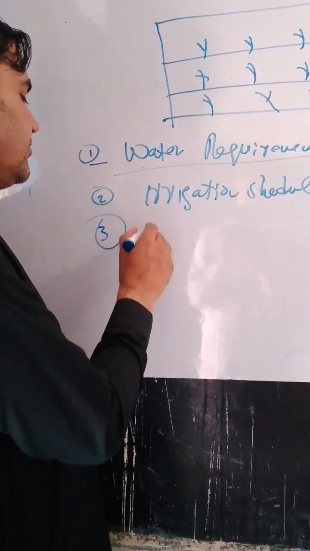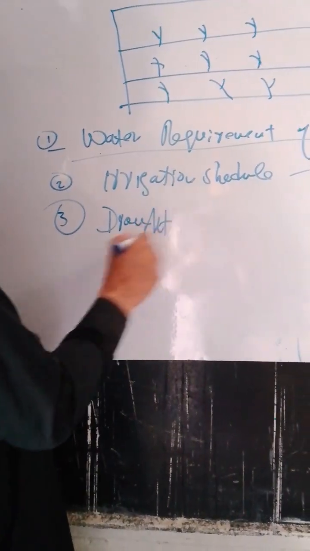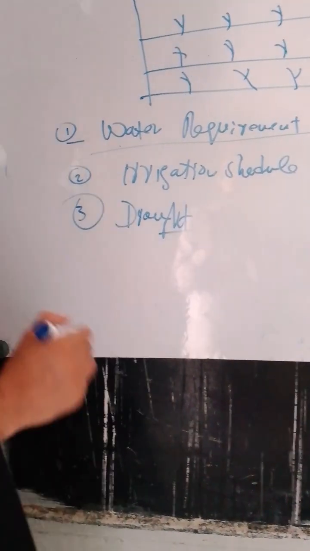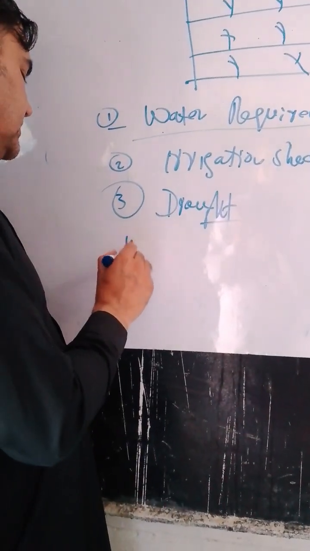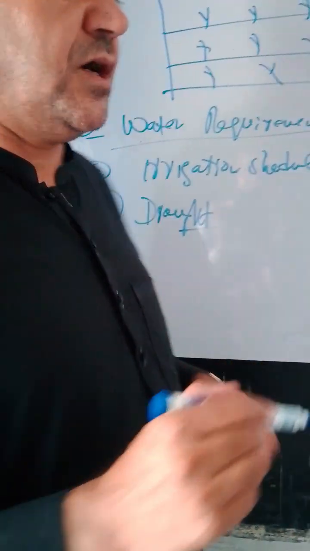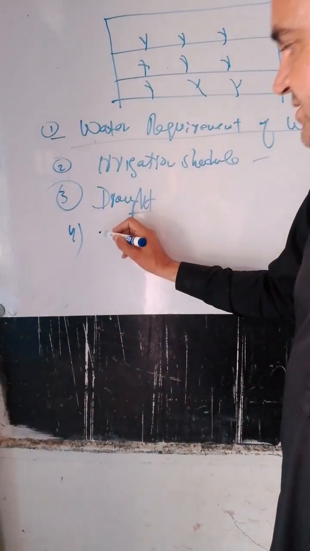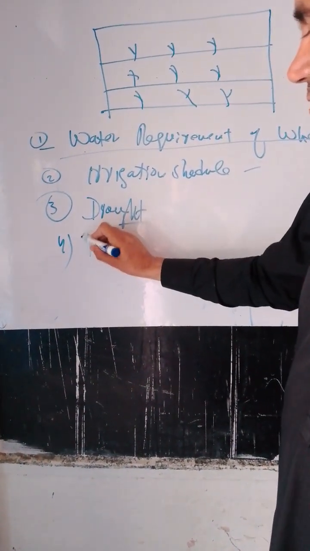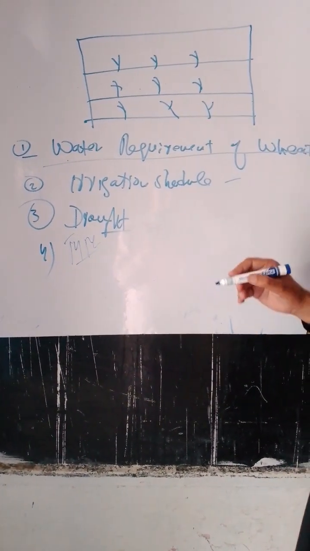We can also find out drought. In some areas we have a shortage of water, so this model helps address water shortage, showing how to save water from losses, and which type of irrigation we need in this area.